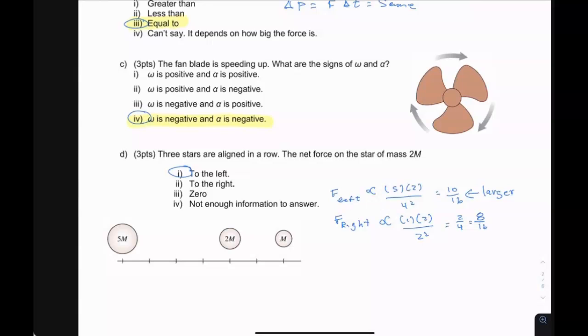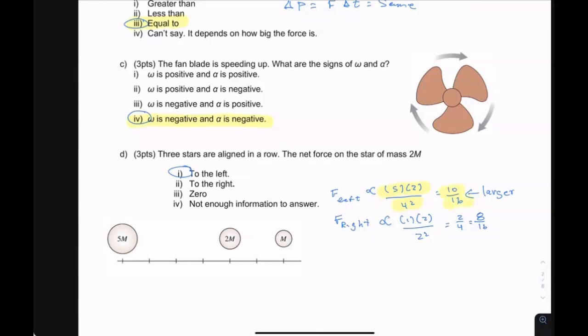Well, the force on the 2m mass due to the 5m mass over to the left of it is proportional to the mass of the big body, which is 5 times m, times the mass of the middle body, 2m, over their distance, which is 4 units squared. So that gives you a ratio of 10 to 16.